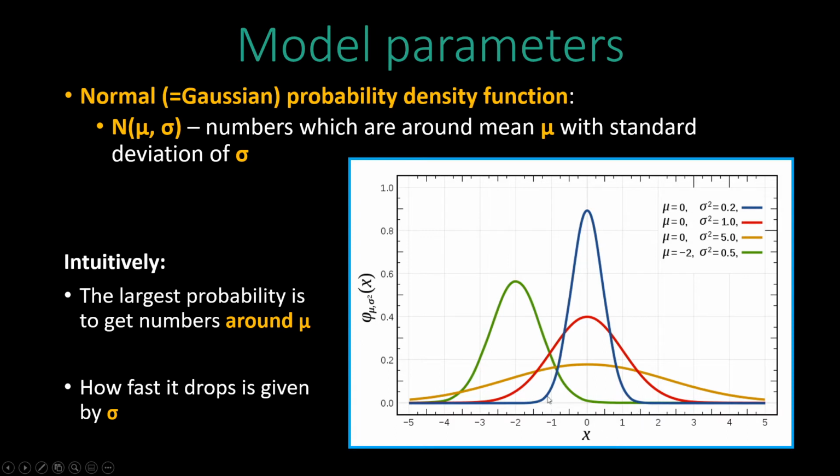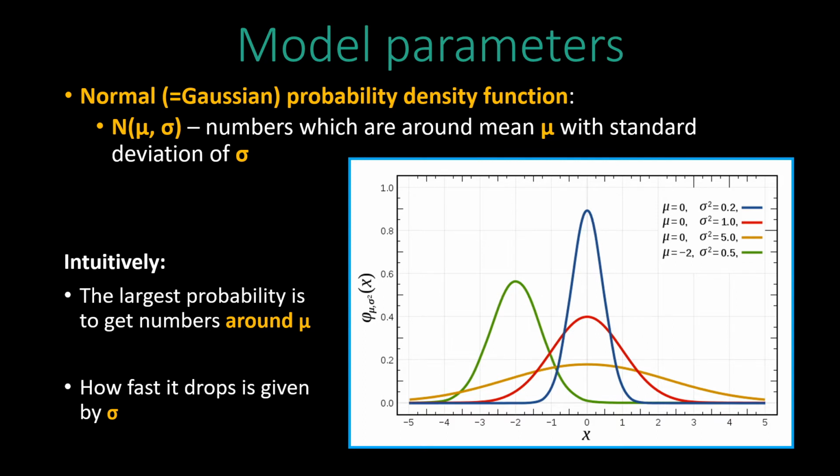So you will be getting way fewer of these outlying numbers. Whereas if this number is increased, the hill will be flatter and flatter. So in this case, you can actually get numbers which are really high or really low with some decent probability. Okay, and you can change these two parameters in order to move this model around.